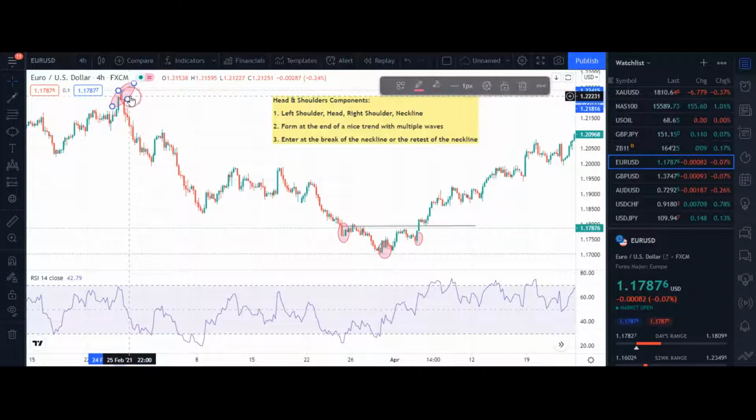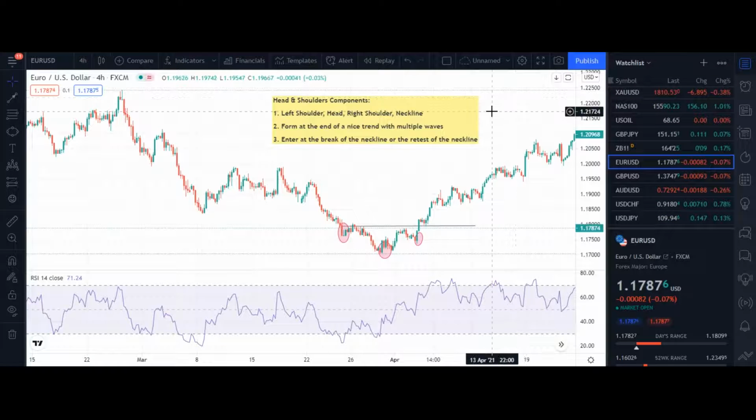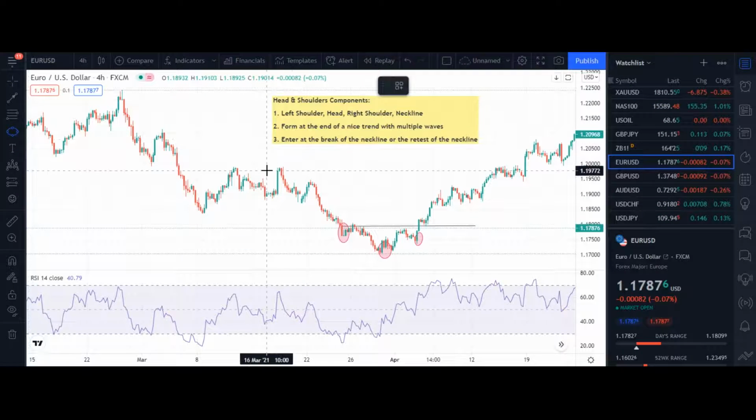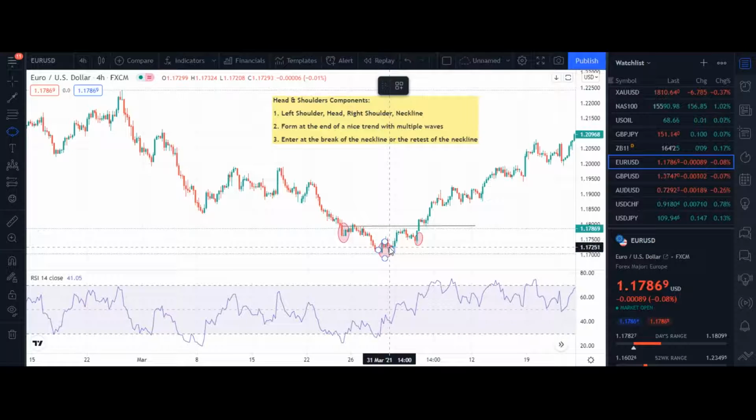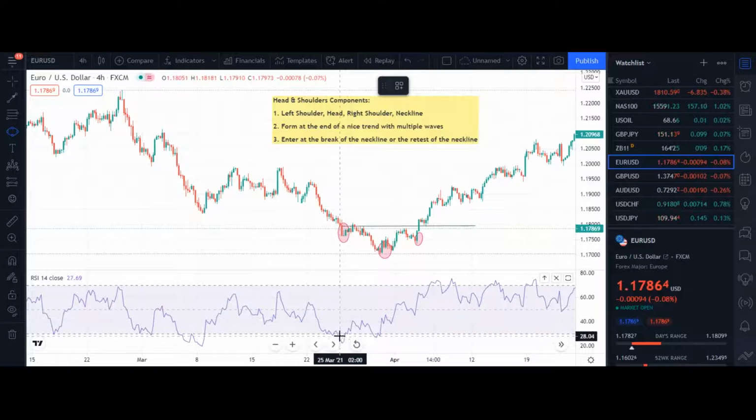If you notice, I also have my RSI down at the bottom. I don't use a ton of indicators, but like I've mentioned in previous videos, volume and RSI are two that I do like to use in conjunction with these strategies. If you'll notice on the RSI, price is making lower lows, but what's the RSI doing?